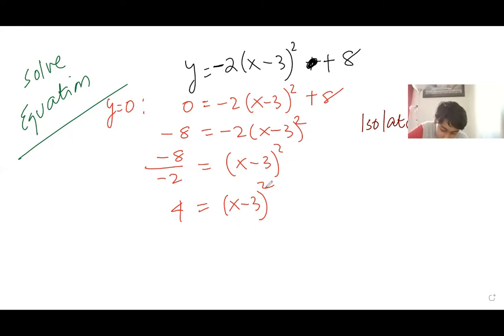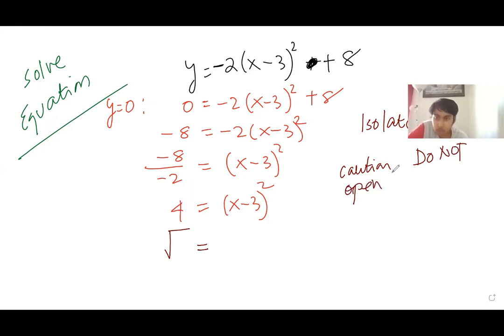Now tell me the next step. 4 is equal to x minus 3 whole square. What is the value of x? If we were to solve it, then it'll be x squared minus 6x plus 9. No, do not open the bracket. Caution.